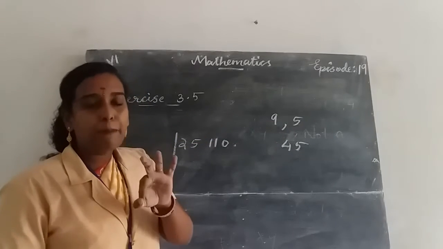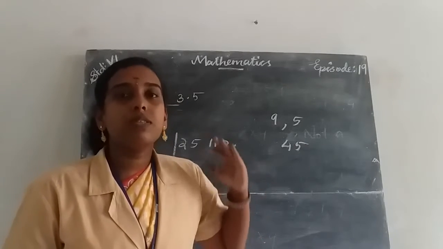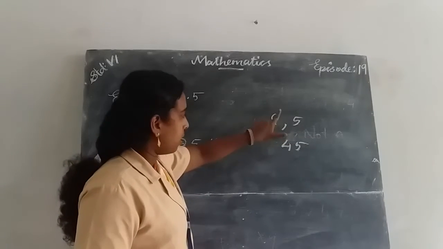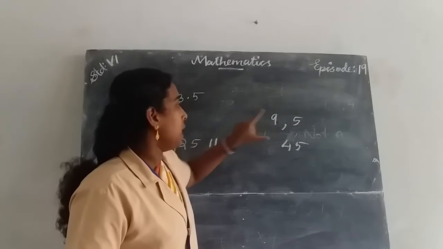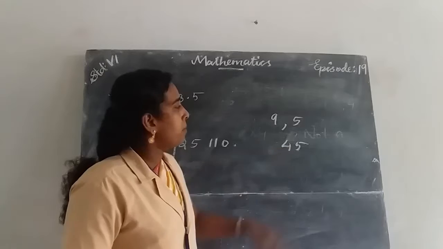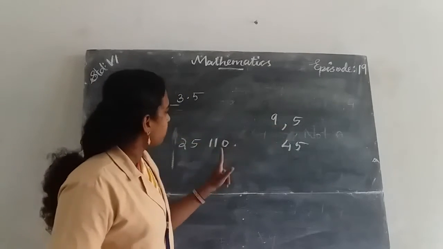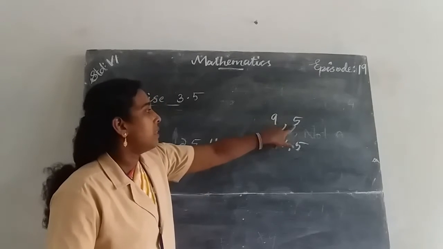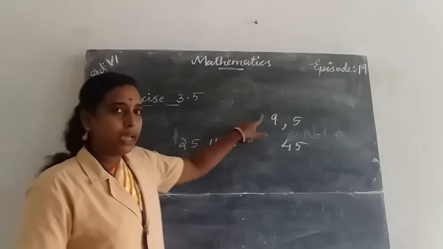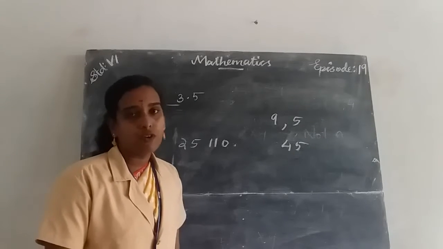If a given number is divisible by any two co-prime numbers, then the number is also divisible by their product. Here 0 is at the ones place, so the number is divisible by 5, and if the number is also divisible by 9, then we can say that the number is also divisible by 45.